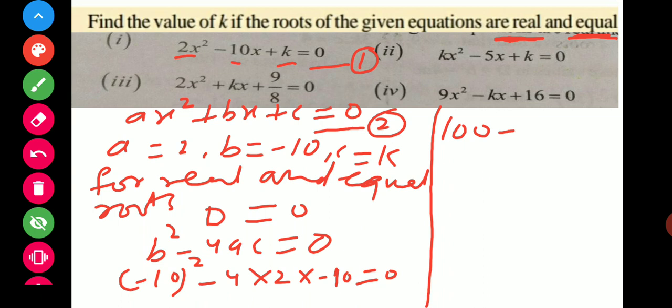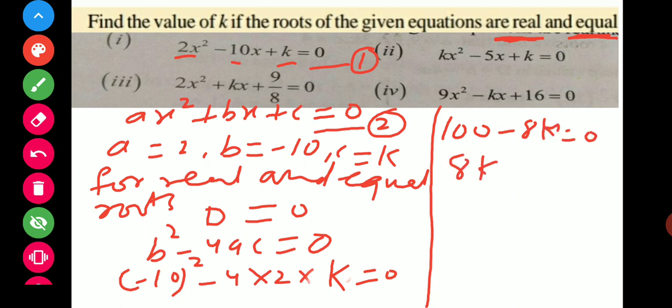Where is the value of k? C is equal to k, so don't write 10 here, you can write k. So it is 100 and minus 8k is equal to 0.